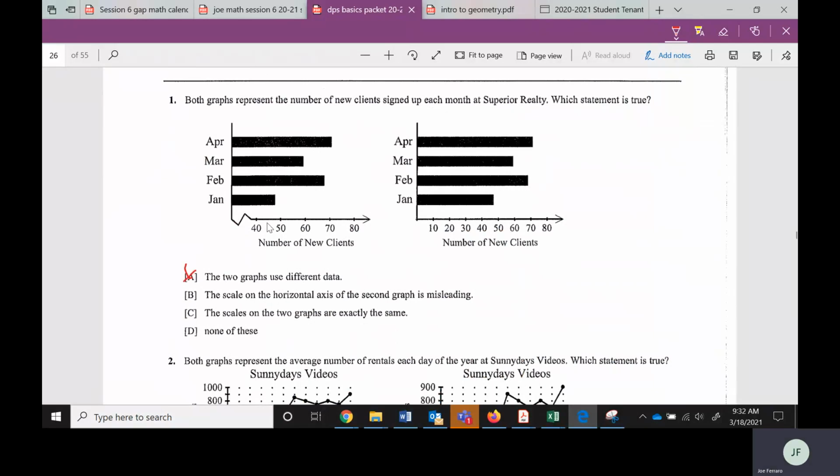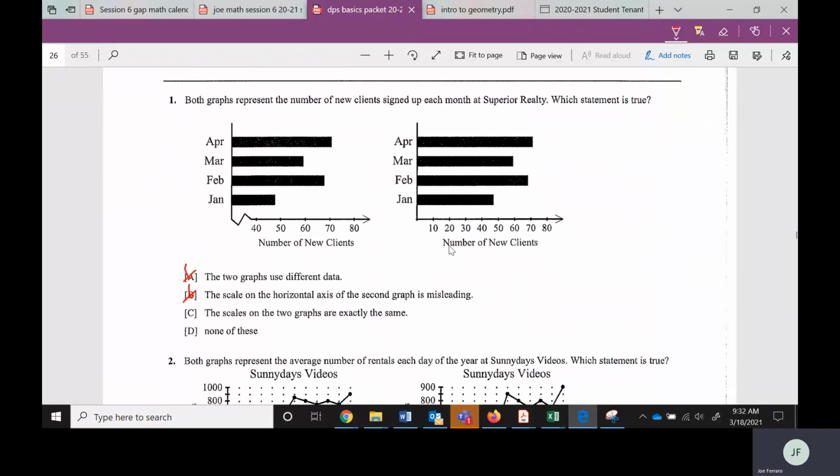The scale on the horizontal, that means left and right, so here and here, on the second graph is misleading. Okay, the horizontal on the second graph, they are evenly spaced. That's not misleading. And they want the true statement, so no, this isn't true. The scales on the 2 graphs are exactly the same.